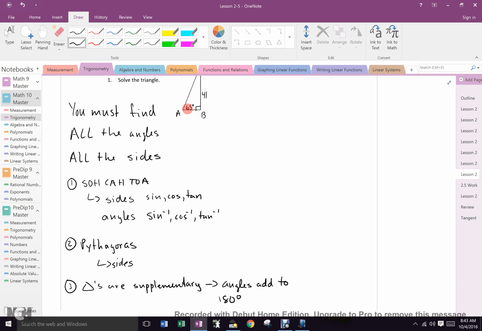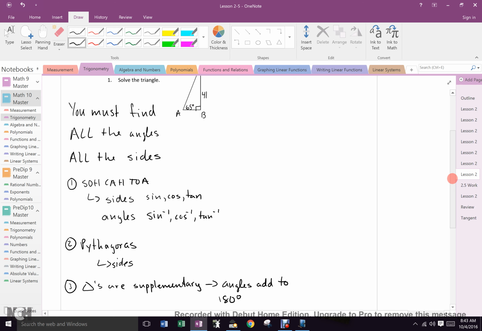Do you understand what I'm saying? So before you even attempt to solve a triangle or a word problem or anything, you really have to decide what you're going to do before you do it, right?